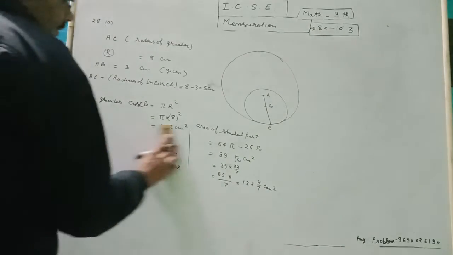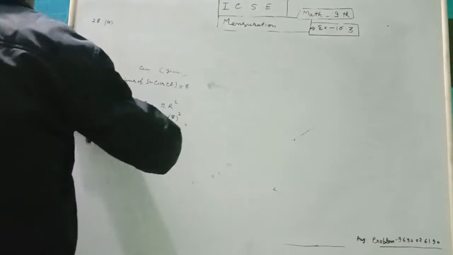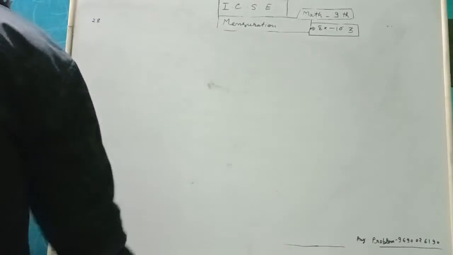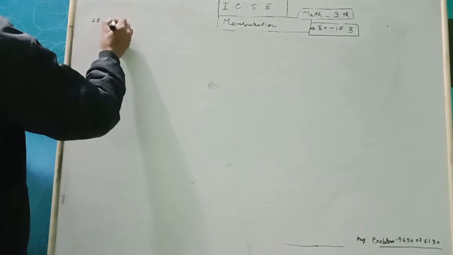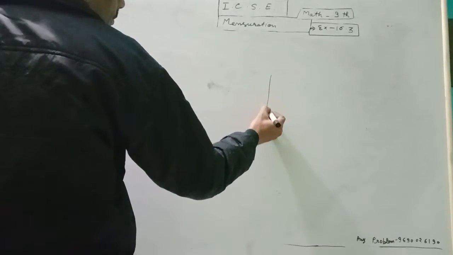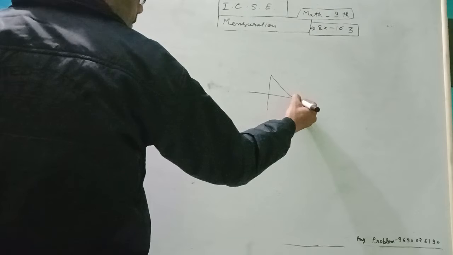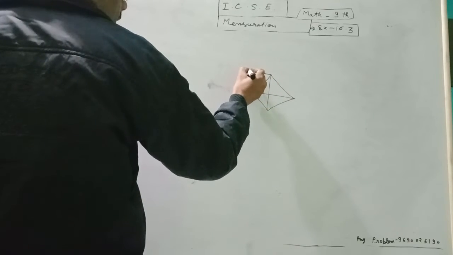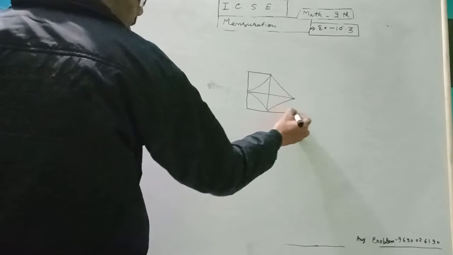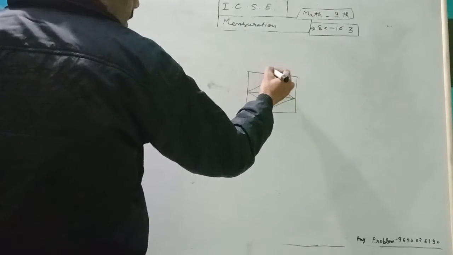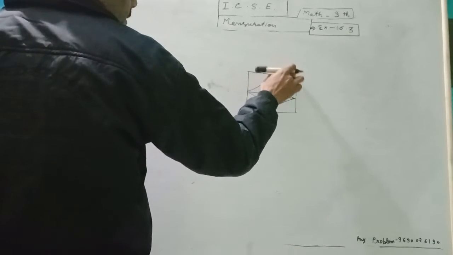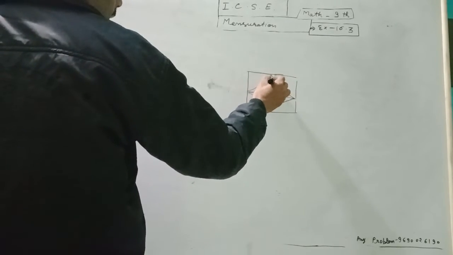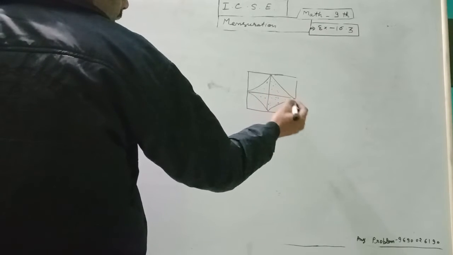This is the first part. Second part will be B part of question number 28. Four quadrants, you complete the square, make a square with radius 7. The dotted part is the shaded part; without the dotted part, make a complete square.